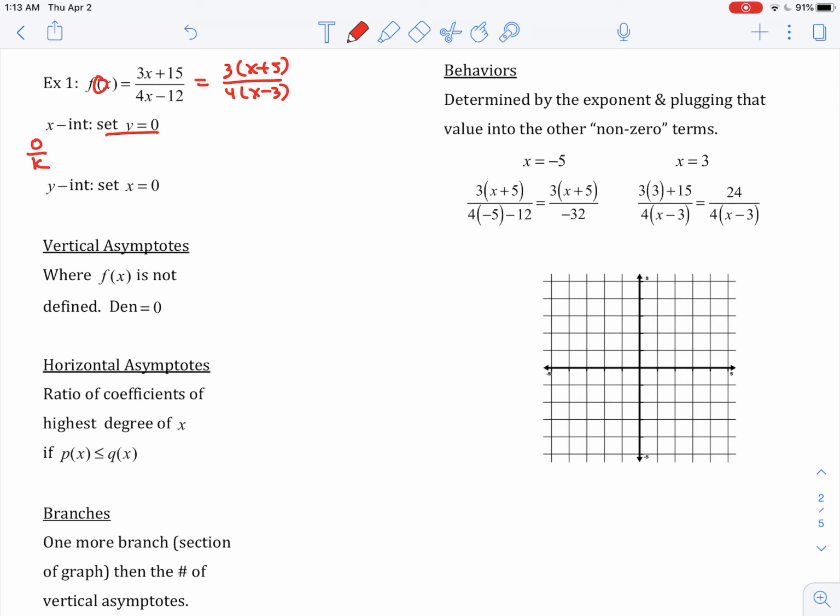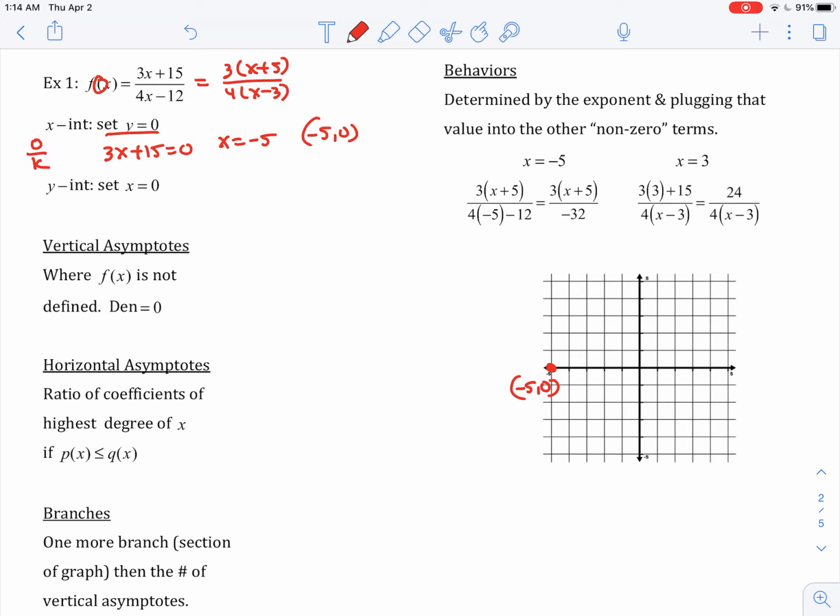In this case, our numerator is equal to 0 when 3x plus 15 equals 0, or x is equal to negative 5. So we have an x-intercept at (negative 5, 0), and I'm going to plot that on our graph.